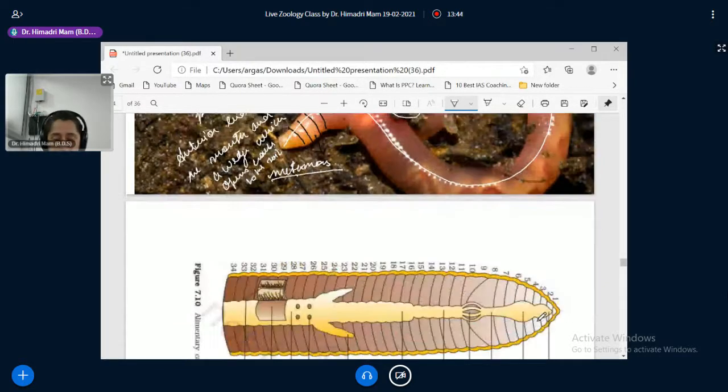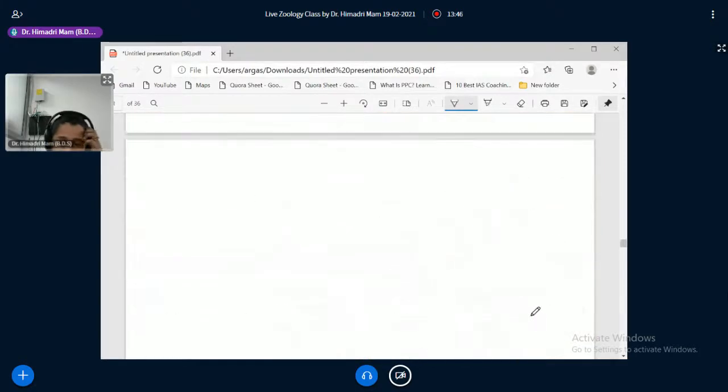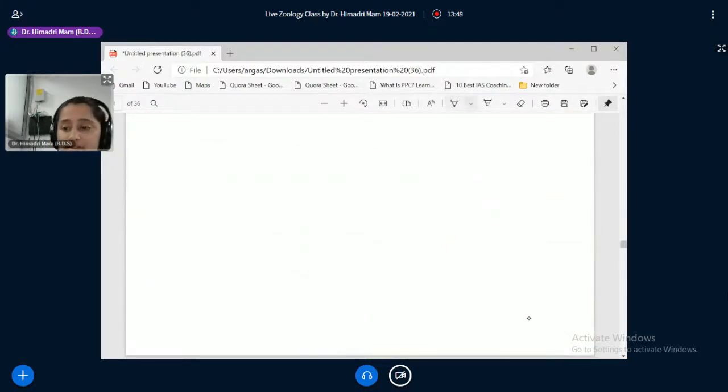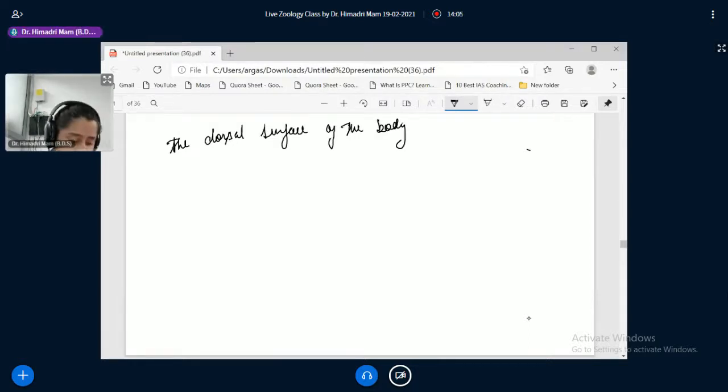Okay, so basically, the dorsal surface of the body is marked by a dorsal line.